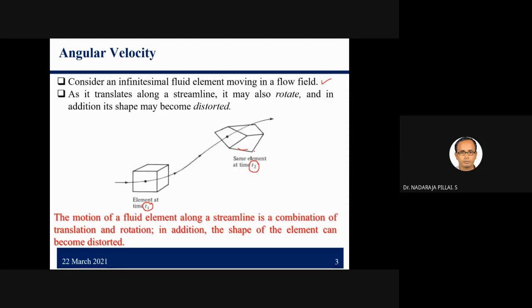Let us consider an infinitesimal fluid element moving in a flow field. This is a three-dimensional fluid element, at a time t and at a time t2, so t2 is t plus del t. As it translates along a streamline, the fluid can rotate and also distort.